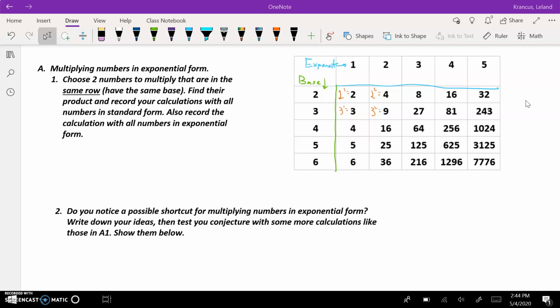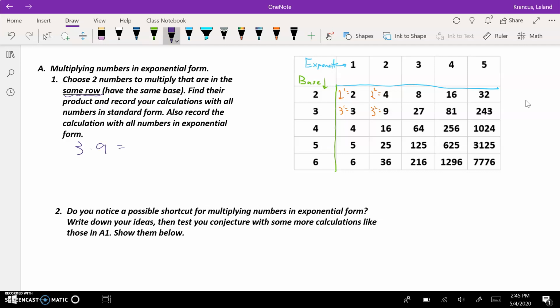So what you want to do is pick a couple numbers in the same row. It's a really important part of this, picking a couple numbers that are in the same row and finding the product, recording your calculations with those numbers in standard form, and also showing all of them in exponential form. So for example, maybe we take 3 times 9.